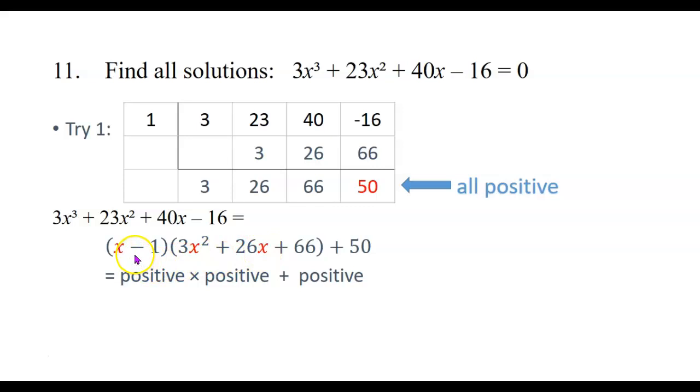So we have a positive times a positive plus 50, which makes it even bigger. That's got to come out to be positive. There's no way that can come out to equal 0 if what we plug in for x is bigger than 1. So we can rule out anything greater than 1. We've got to think of numbers that are less than 1 or possibly complex numbers.